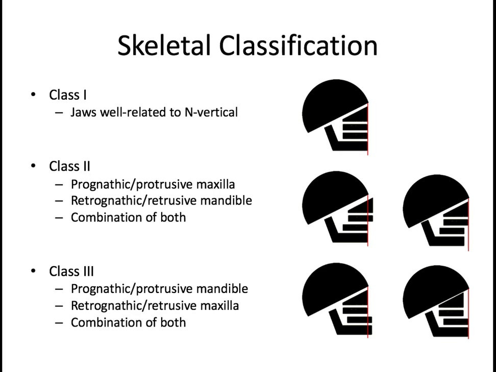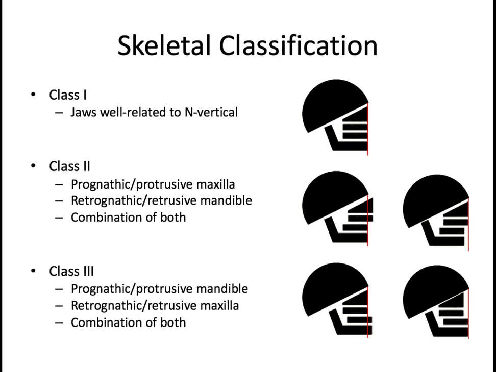So next, let's talk a little bit about skeletal classification. We talked about molar classification, we talked about how the incisors can be related to each other. Those were dental classifications. Now we're talking about skeletal classification and skeletal malocclusions, how the jaws are related to each other.